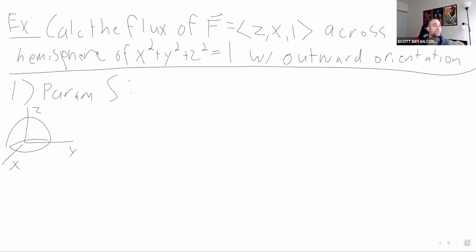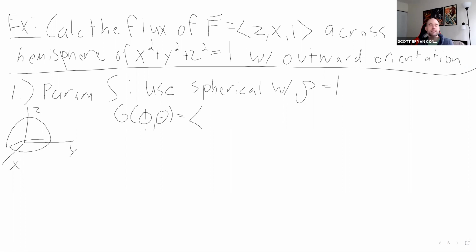So we're going to use spherical coordinates. And of course, we're going to replace rho with 1, because the sphere x squared plus y squared plus z squared equals 1 is the surface rho equals 1 in spherical coordinates. So we're going to be left with phi and theta.